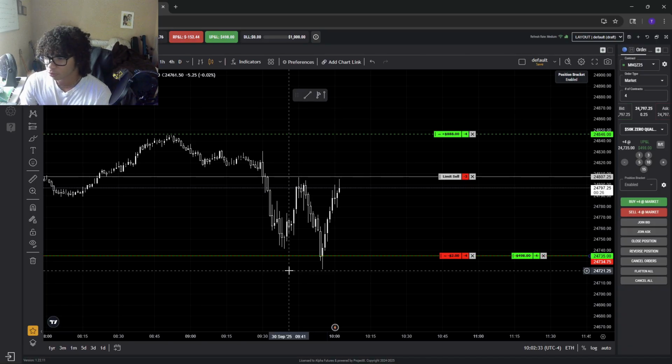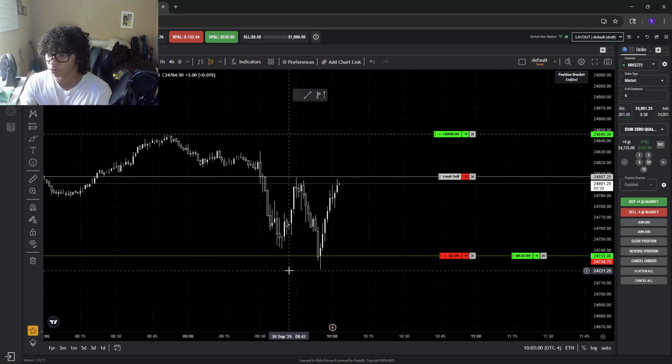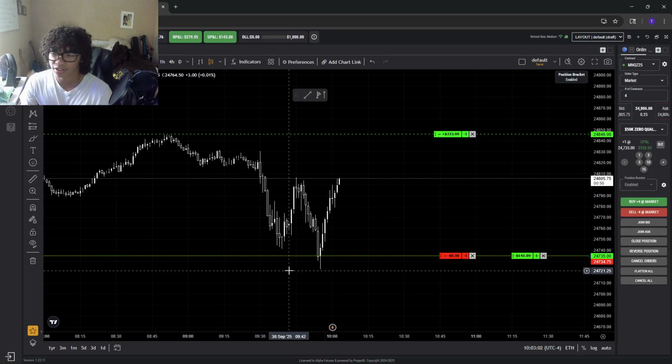But from how I top ticked with my own model, each time I kept using it, my win rate percentage kept going up. Before, it was really low, but now it's high. I would say it's like 50%. Technically it'd be like 70% because sometimes I get stopped for break even, but it depends whether you count that as a loss or not.